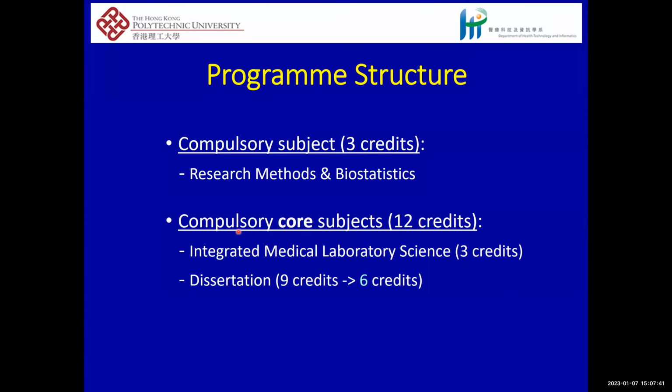And for compulsory ones, we have integrated medical laboratory science, totally related to these professionals. But then this subject will be more advanced. We apply kind of problem-based learning. So we will discuss with you more advanced knowledge in MLS and dissertation based on research projects.